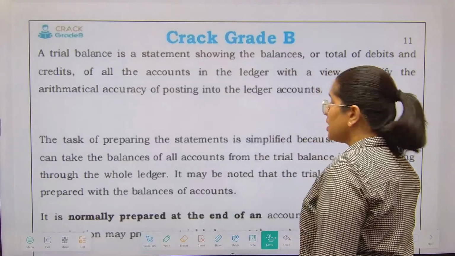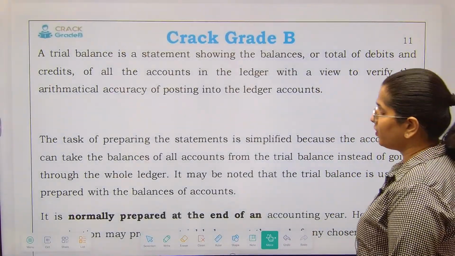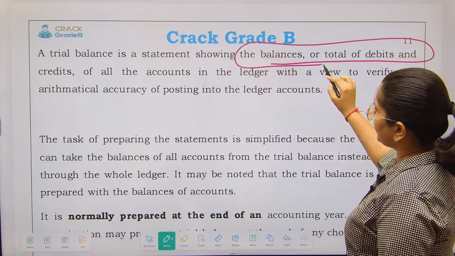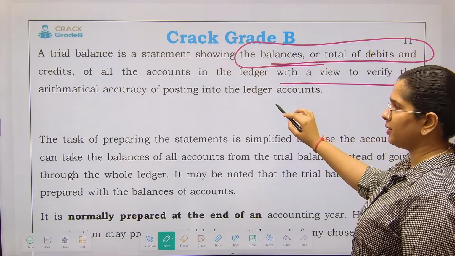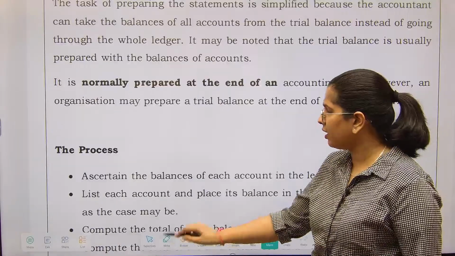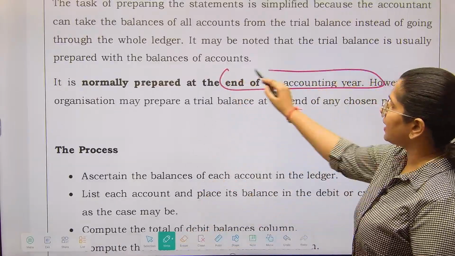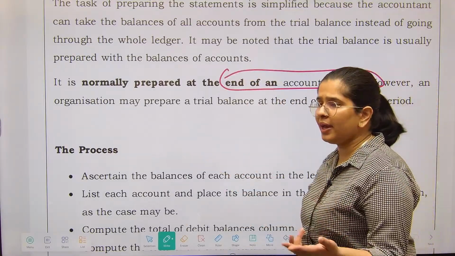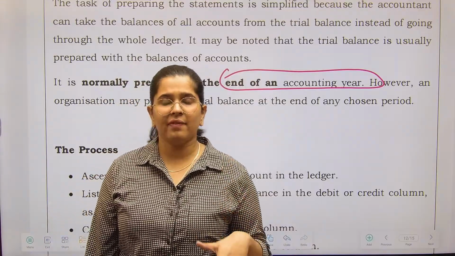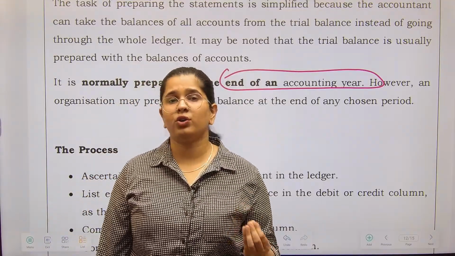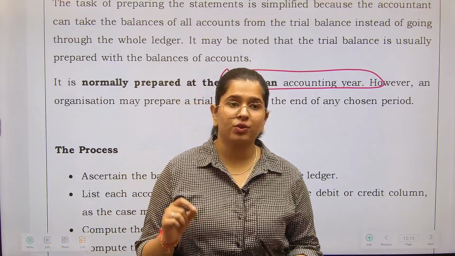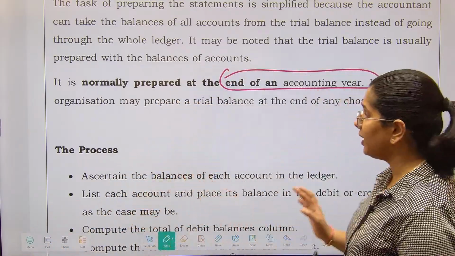Normally it is prepared at the end of the accounting period, that is the accounting year, but you can prepare it quarterly, you can prepare it monthly as well, as and whenever you want to see the arithmetical accuracy, right? There is no one stopping you from doing that.